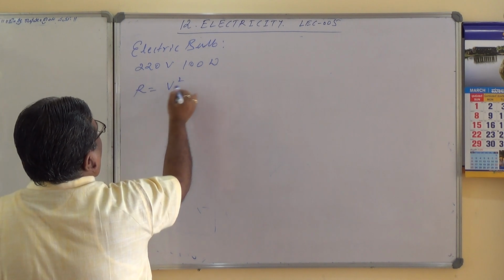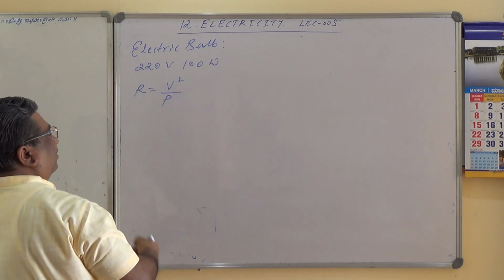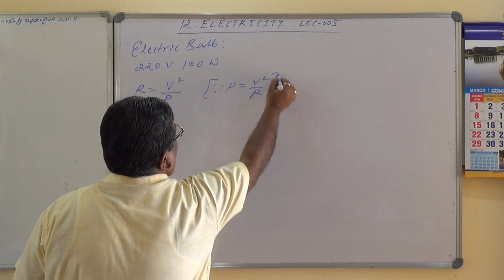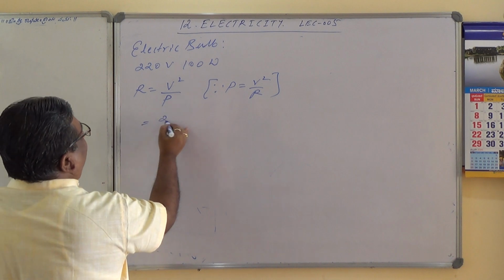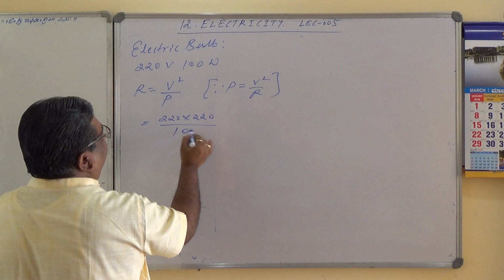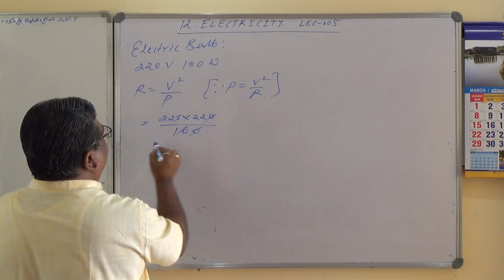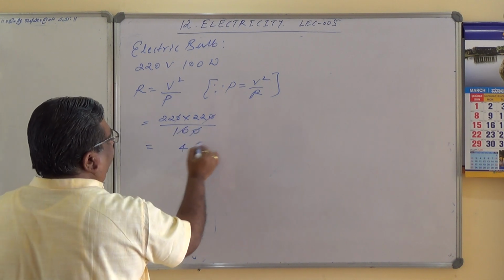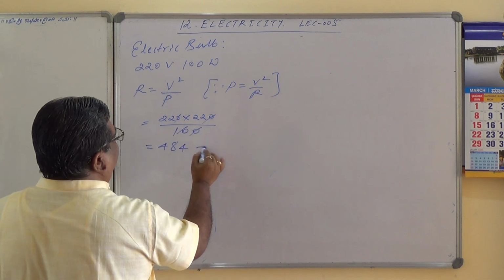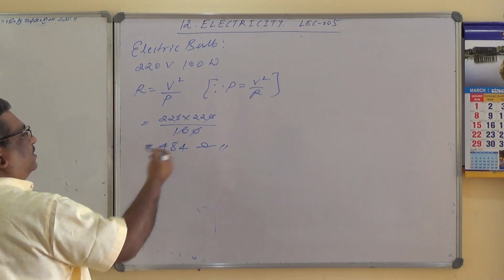Resistance is equal to V square by P, because P equals V square by R. This formula you must remember. It equals 220 into 220 divided by 100, which equals 22 into 22, which is 484 ohms. So this is the resistance.